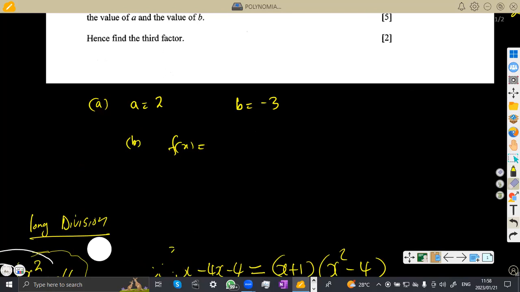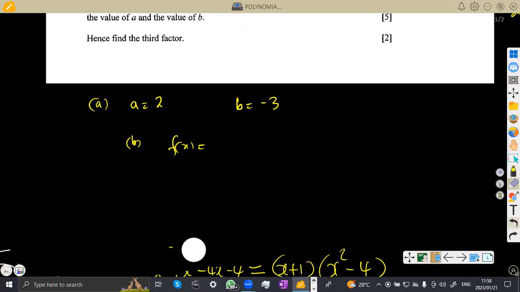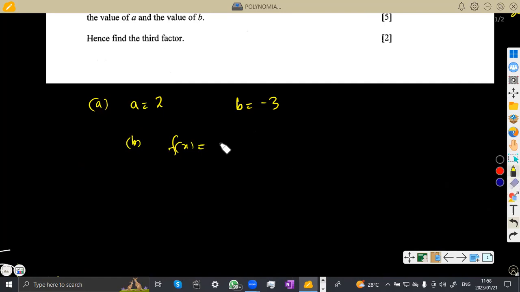Sorry for that, guys, I didn't erase the examples I was using earlier. So we had 2x to the exponent of 3 plus 7x squared, and it was ax, and our a is 2, so it's going to be 2x, and b, which is minus 3. All right, so this is your f of x.